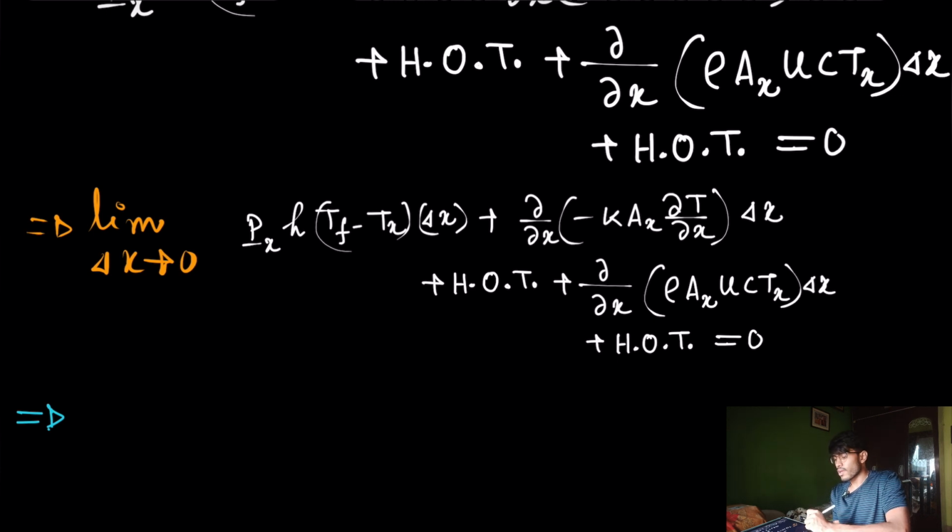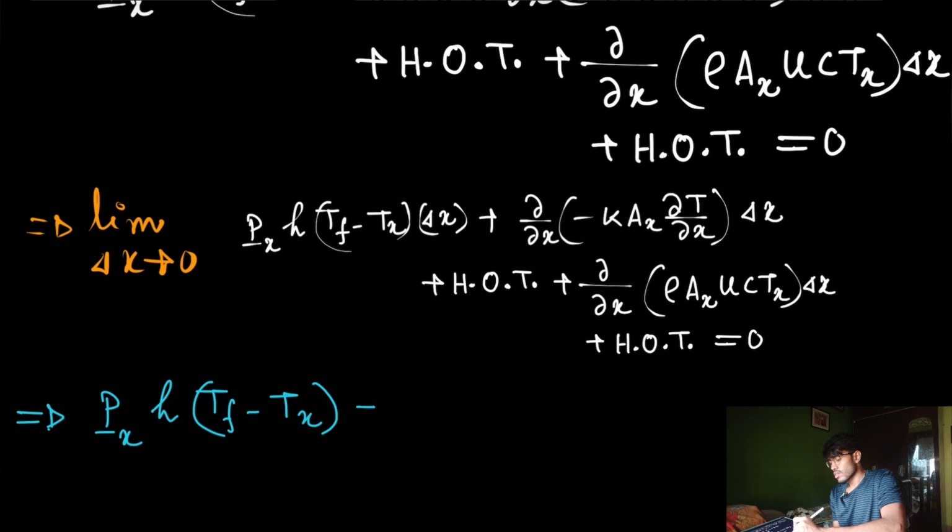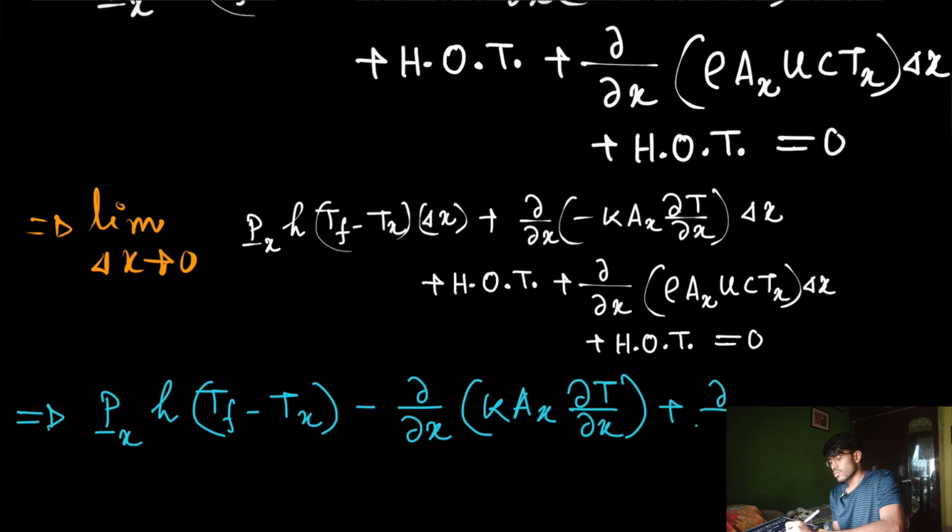So what you have to do is divide all the terms by delta x before applying the limit.